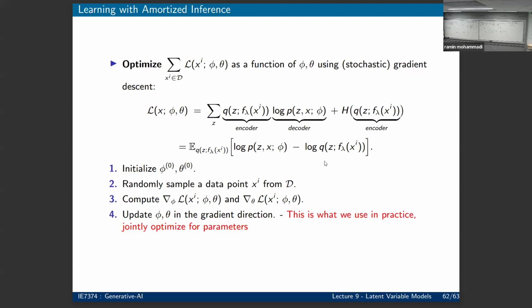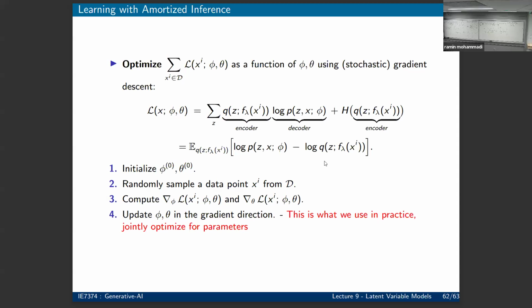You can also write it this way as an expectation over this minus that, because that's the same term. But how you solve it, initialize these too. Here you see we don't have theta i, we just have one theta technically. You sample a data point and you update, so in the amortized version, you update phi and theta at the same time.